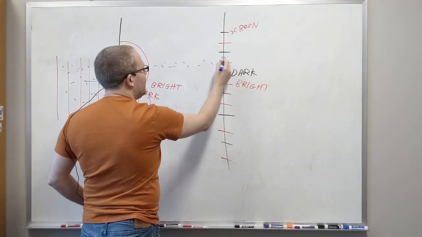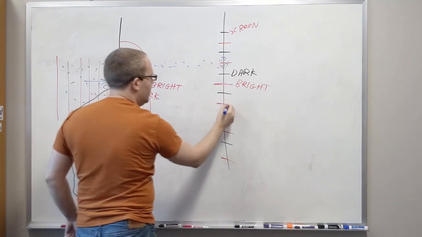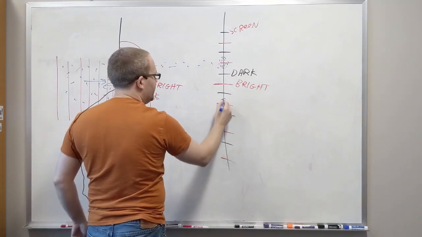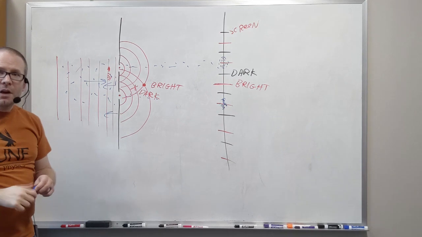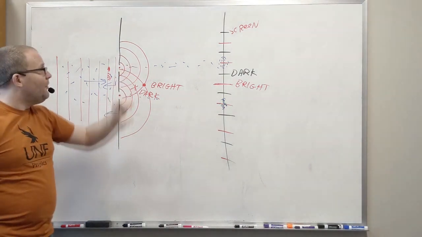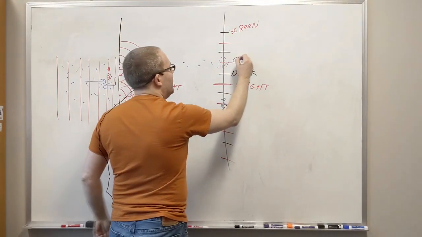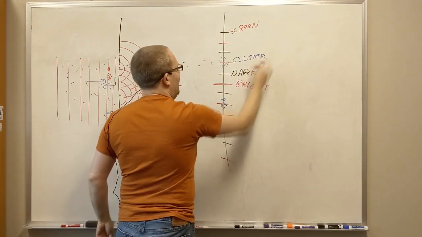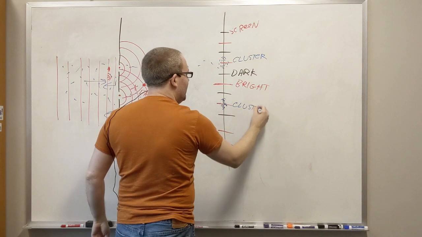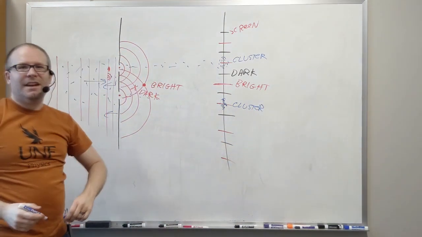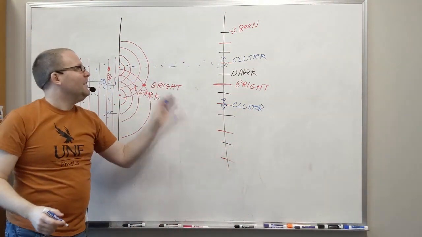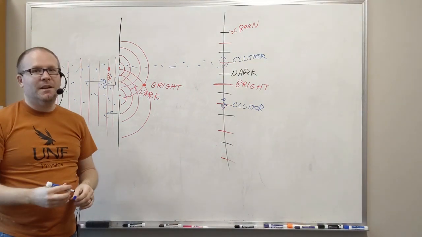And I'm going to end up with a lot of particles here, and a lot of particles here. Right? So if you send your stuff at the double slit and you get a cluster of hits here, and a cluster of hits here, and basically nothing anywhere else, then this thing that you sent through must have been a particle.